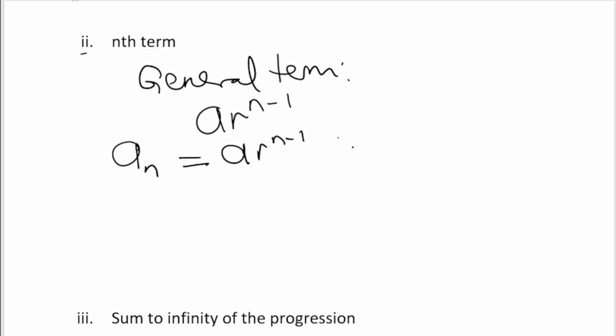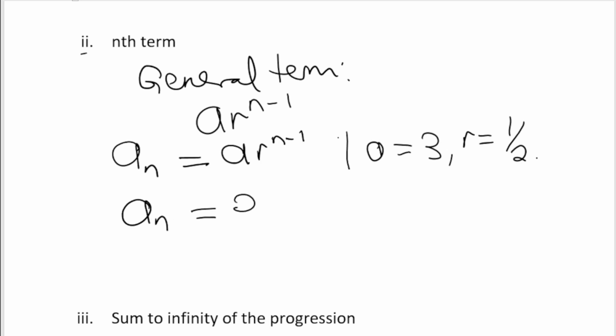In our calculation, we have already calculated our a is equal to 3. We have calculated our r is 1 over 2. So when we substitute these values, we're going to find our general term or nth term being 3 multiplied by r is 1 over 2 everything to the power n minus 1.